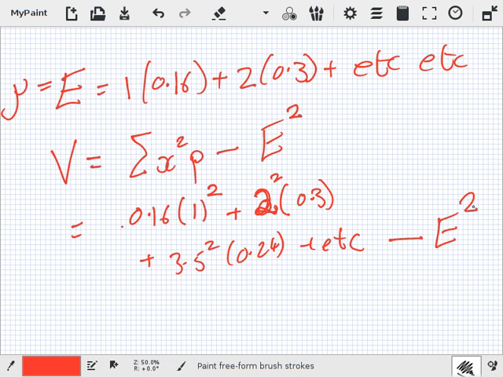How many marks? 5 marks. 5 marks for using this and using this. Hold on. I need to look again. He wants to make sure he gets his 5 marks. The first one is mu, right?